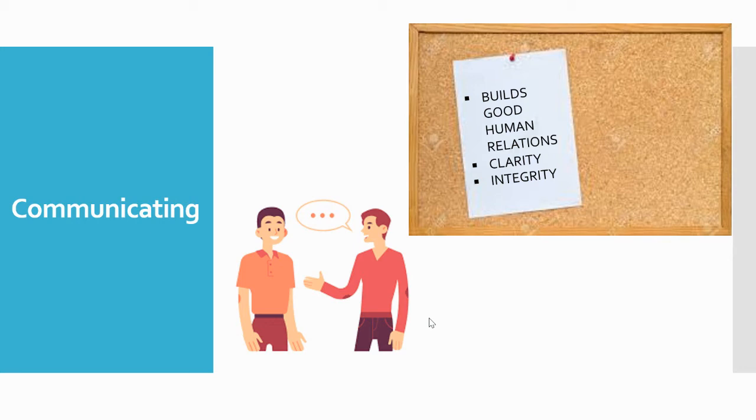The clarity should be there whenever an employee is communicating with another employee, or a higher level authority is communicating with lower level people, or a manager is communicating with their subordinates. It should give them a clear message. At the same time, they have to maintain integrity as well.